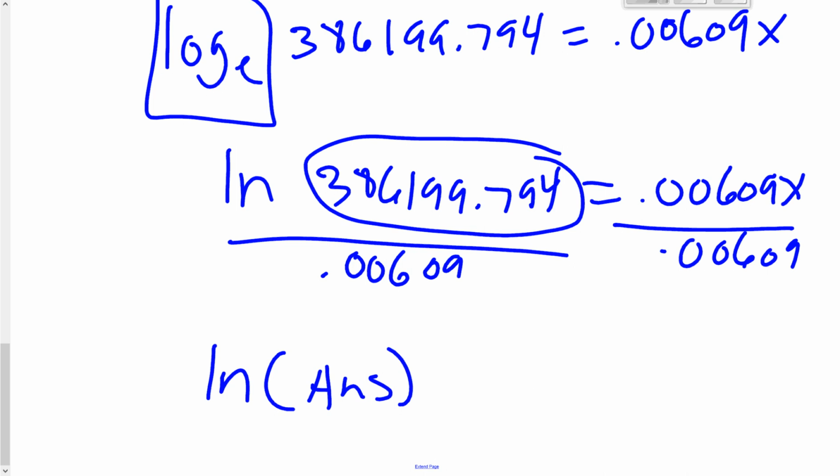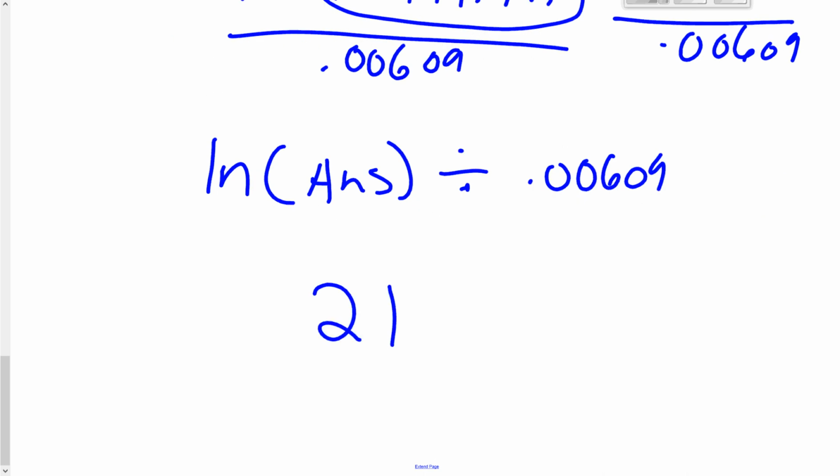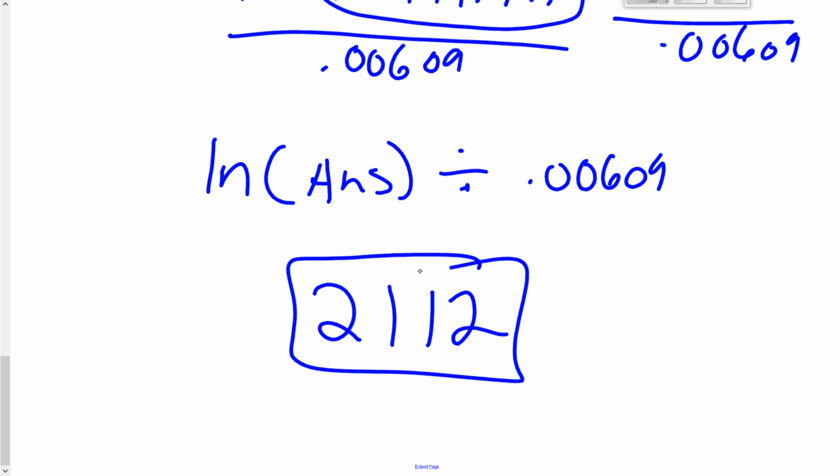Then I end my parenthesis, hit divided by 0.00609, and that will give me my answer, which is 2,112.33. It depends on what we're rounding to, and I'm rounding to the year because I want to know what year. So in the year 2112, the amount of carbon dioxide will double from the year 2000.